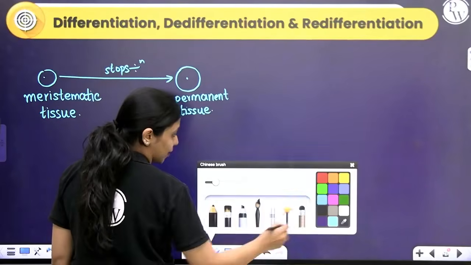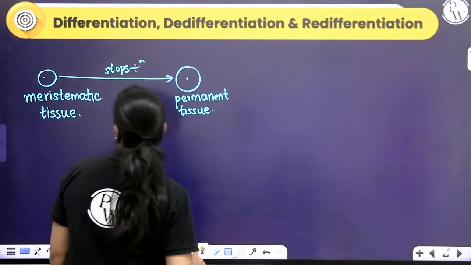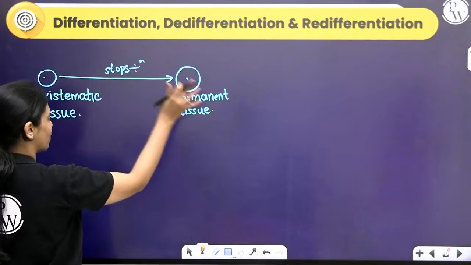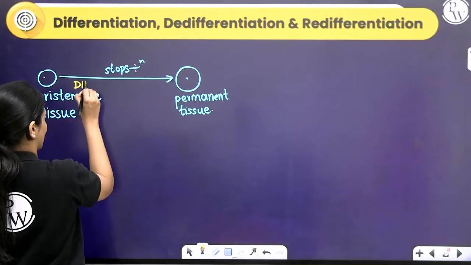Now, the process by which the meristematic tissue became a permanent tissue is called differentiation.